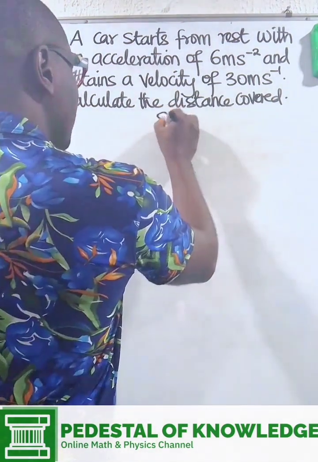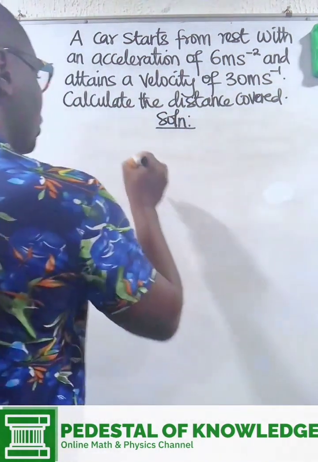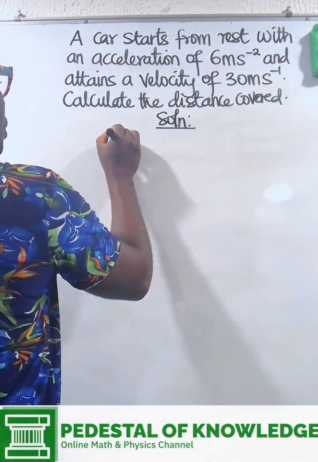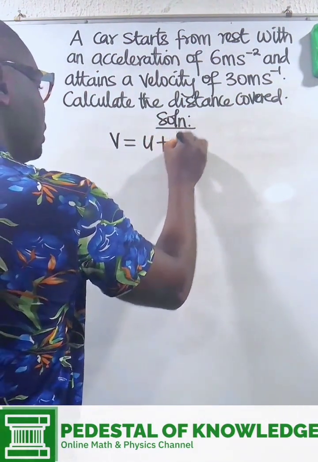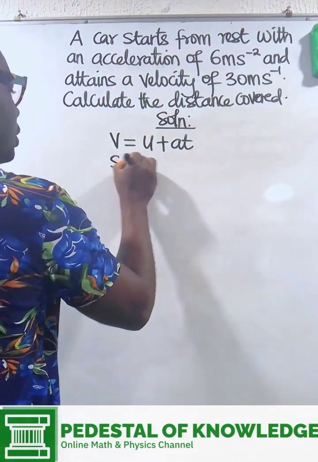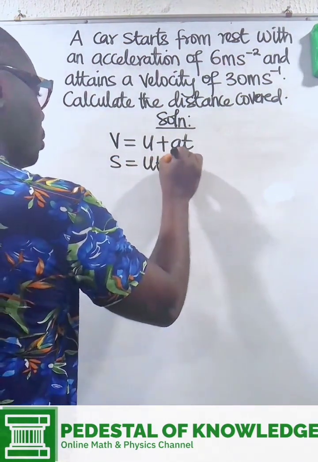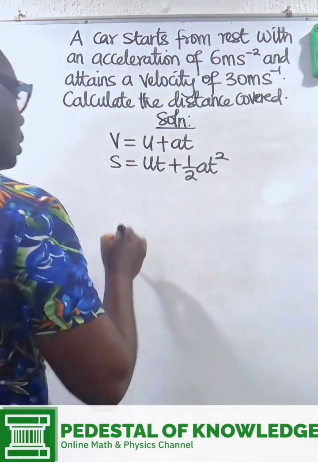Alright, now recall that the equations of motion are: V is equal to U plus AT, and S is equal to UT plus half AT squared.